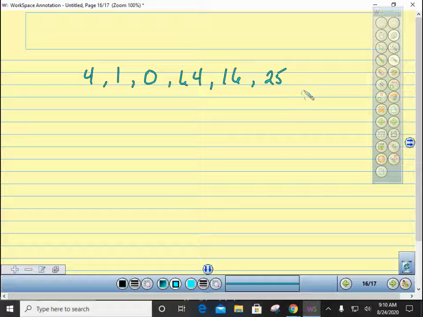I'm trying to figure it out. I think at first it was times 4. It's not times 4, because 4 times nothing gives you 1. Or first it was plus 4. Oh, no, 1 plus 4 is not 4. It's 5.